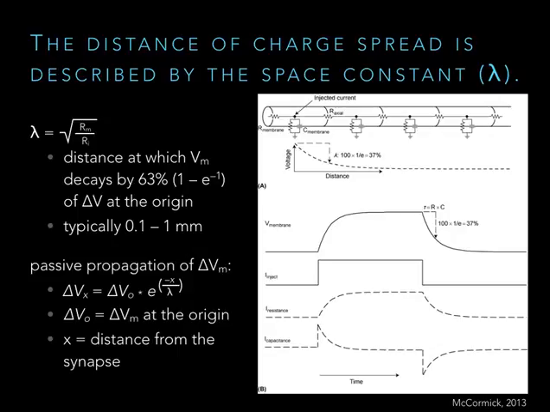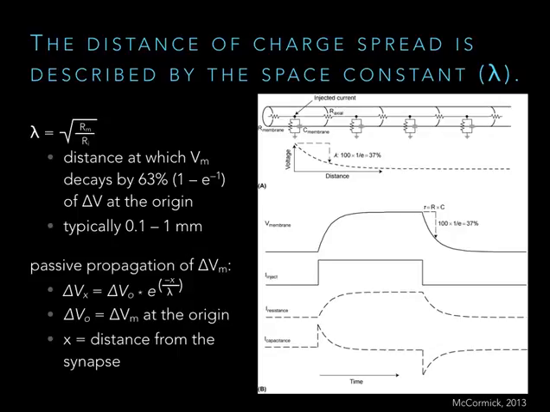If you increase the membrane resistance, you're going to increase the space constant, which means the charge can traverse longer distances because it's not leaking out of the membrane. On the other hand, if you decrease the internal resistance, that's also going to increase the space constant because you have less resistance inside the cell, and so that charge can move much longer distances.